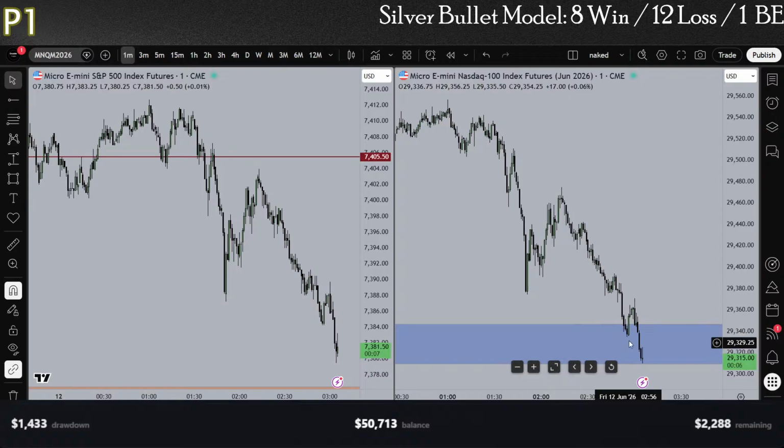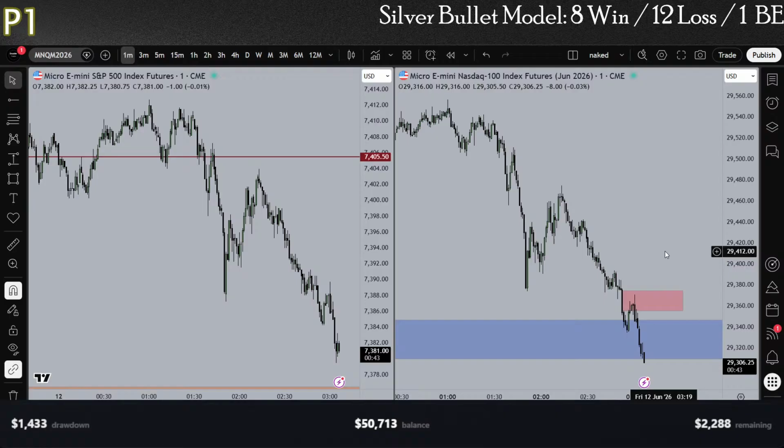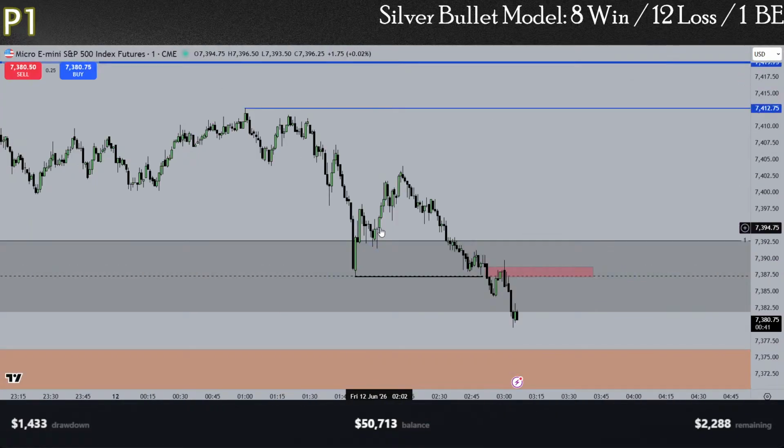So Nasdaq also making lower lows here. Everything looks very symmetrical, very logical. Respective inefficiency on Nasdaq. The 2:52 fair value gap worked very well on Nasdaq too. Repelled price lower. So the same idea.